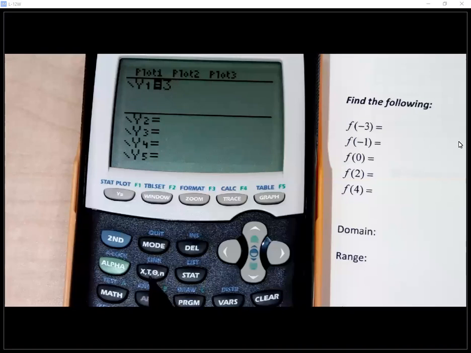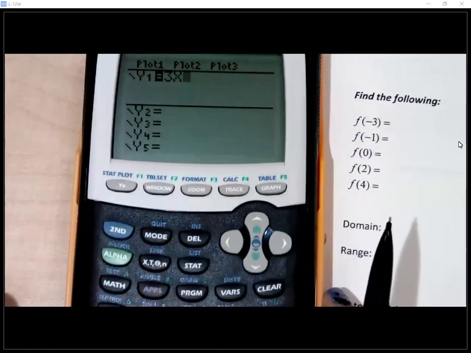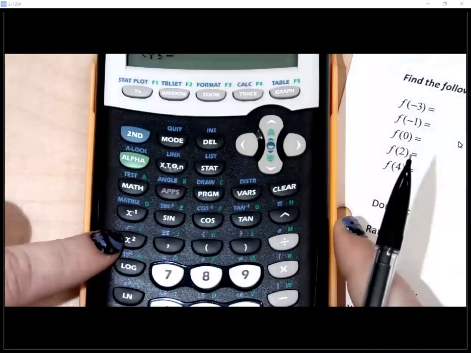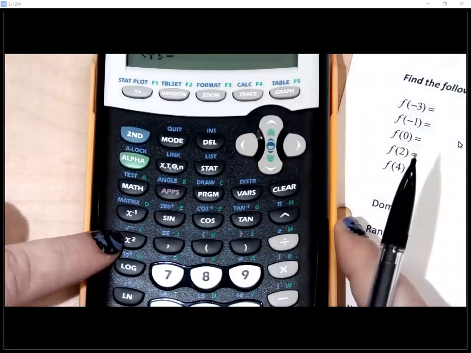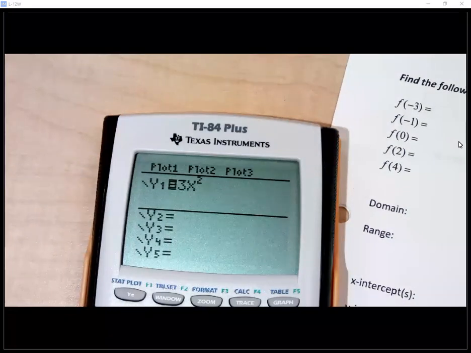So if I want X, that's the button I use. You guys remember how to square something on a calculator like this? Yeah, there is an X squared button. If you look all the way along the left-hand column, about halfway down, you'll see the button that literally has an X squared on it. If you hit that button, you will see that your function now looks like this, 3x squared. So far, so good.